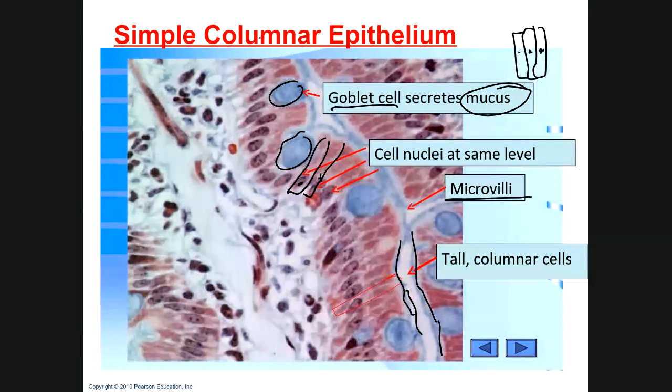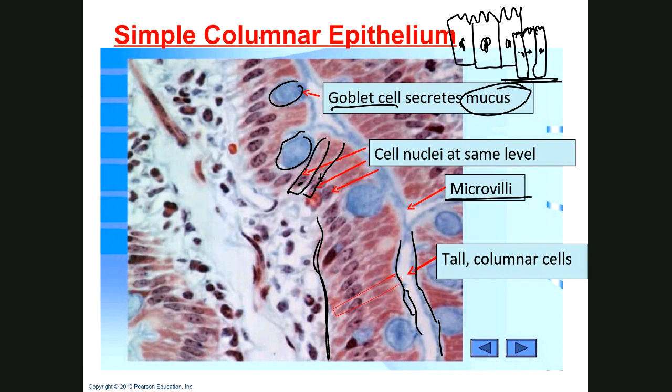So this will be the basal surface, which is that area right there. On the apical surface, the membrane is going to wrinkle. So it's going to create folds like that.